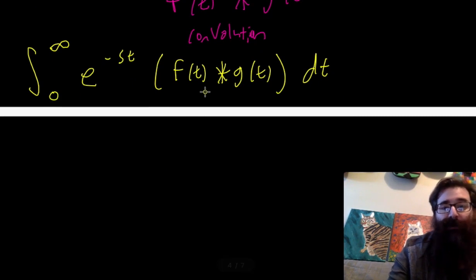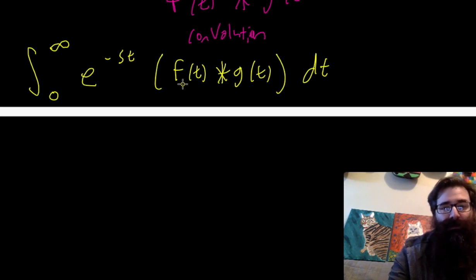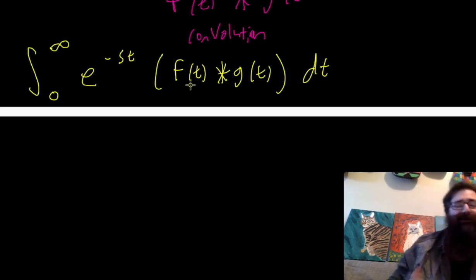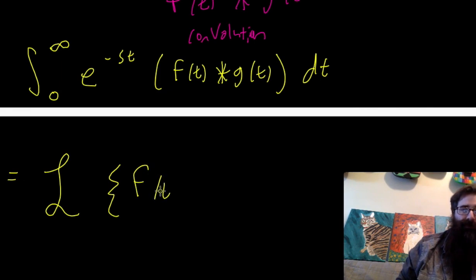If I think of this convolution of f and g as some function, and I'm multiplying that by e to the minus st, and then integrating from 0 to infinity with respect to t, this by definition is the Laplace transform of this convolution as the function. It looks like it's just some function of t, so we're just talking about the Laplace transform of it. So this is equal to the Laplace transform of the convolution, f of t star g of t.